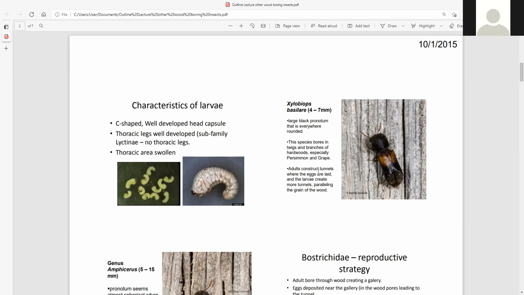Jadi dia akan bina terowong di mana telurnya akan diletakkan, dan kemudian larvae ataupun anak kumbang yang menetas tu akan menebuk lebih banyak lagi terowong, yang parallel to the grain of the wood, yang selari, bukan perpendicular, bukan melawan, tapi selari dengan garis-garis kayu keras.